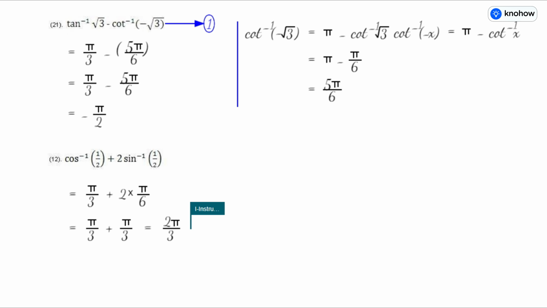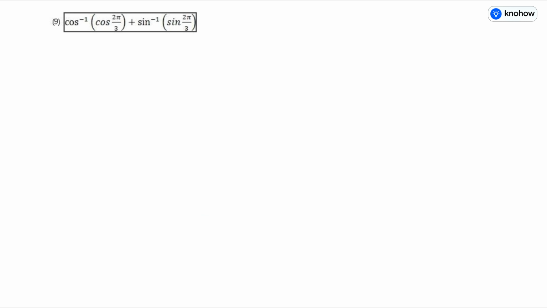Yes, look at this question. It is a simple question. It was there in CBSE sample papers and was also asked in the CBSE 2008 exam. See, cos inverse of cos theta is theta, provided theta lies in the principal value branch. What is the principal value branch of cos inverse x?